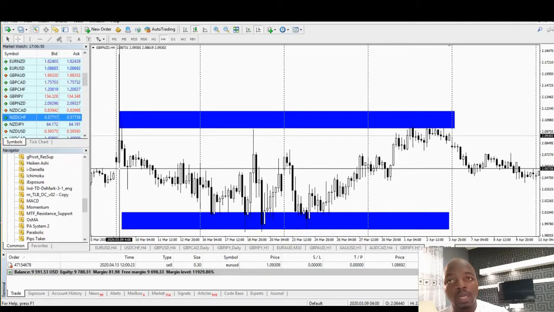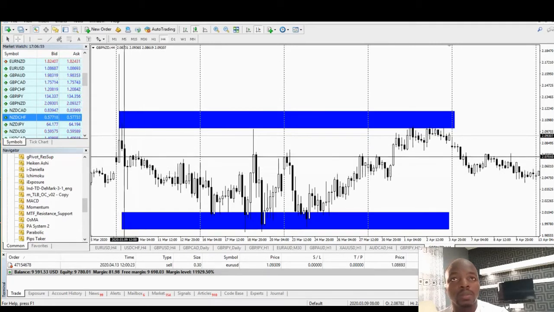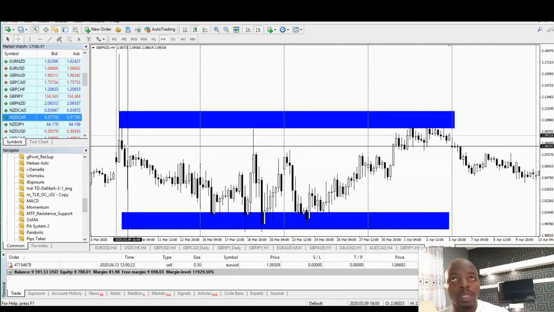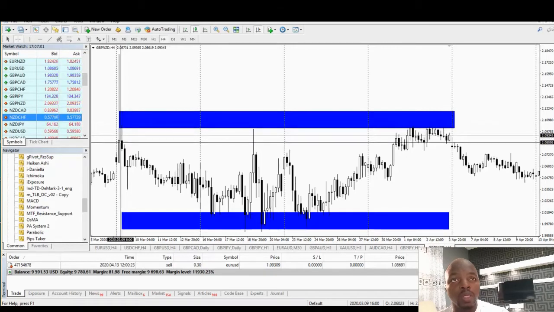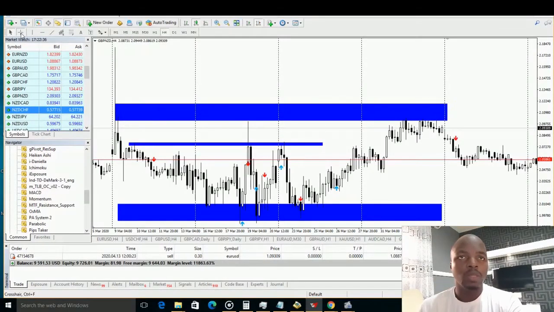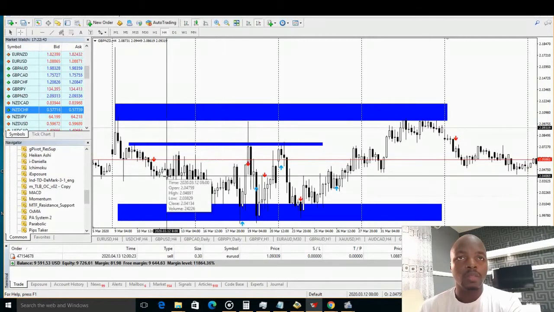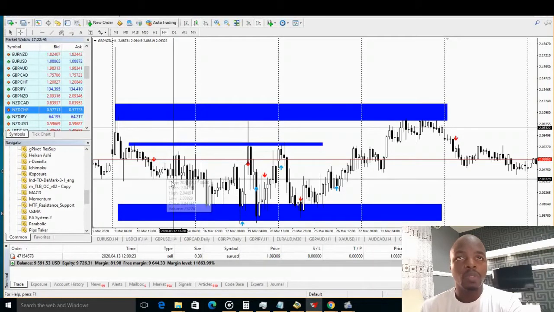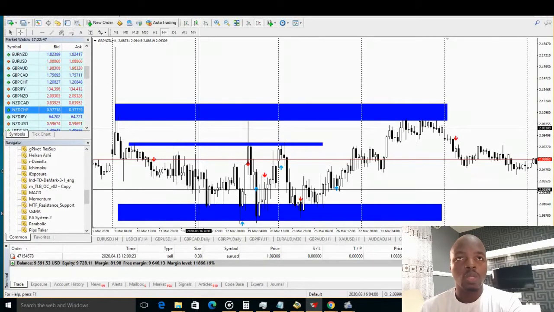So let's look at the pip taker indicator. The pip taker indicator looks at all of this and sees an area of support or another resistance. The verified resistance was here. Until the third week of March, the previous support was around here.